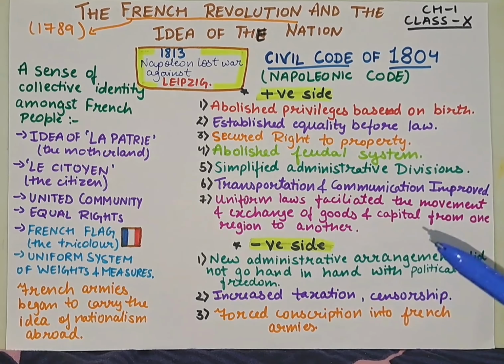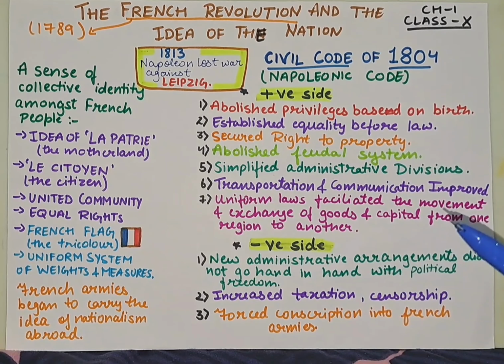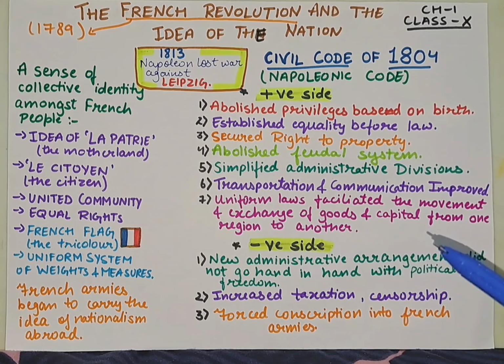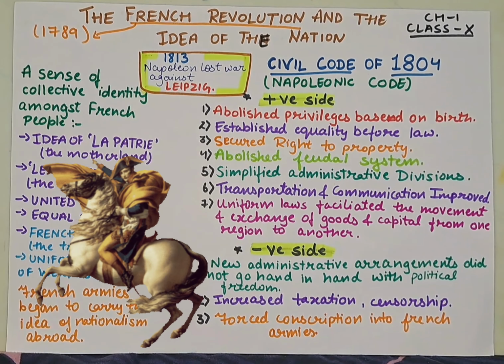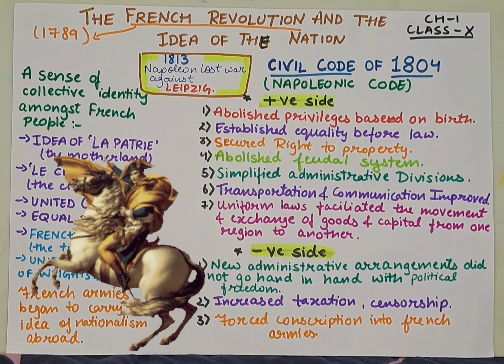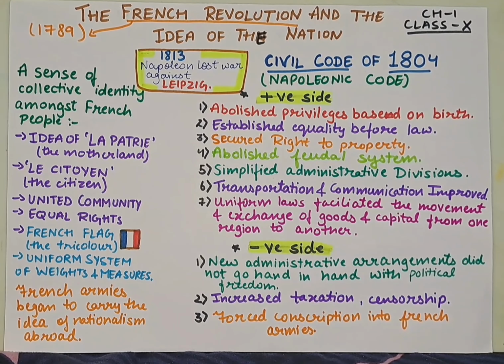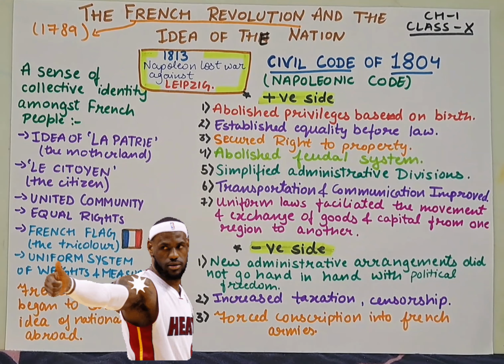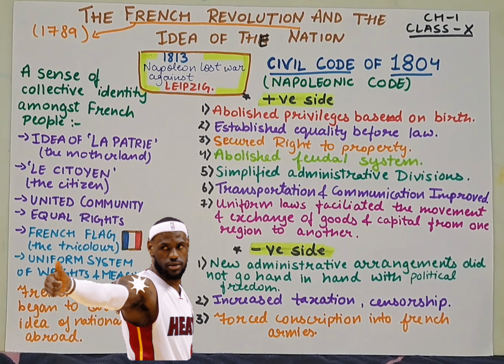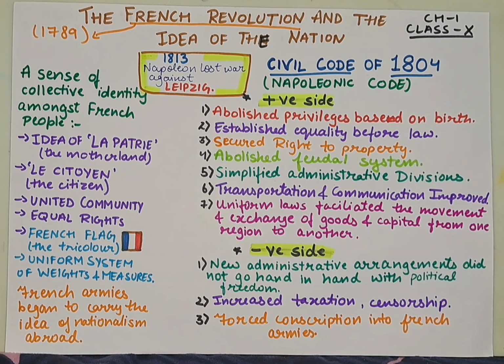So, Napoleon actually was a monarch, and demolished the democracy of France, but he actually did very well in the administrative field. Now, he introduced the Civil Code of 1804, which is also known as the Napoleonic Code.